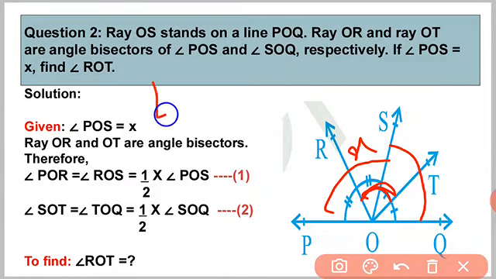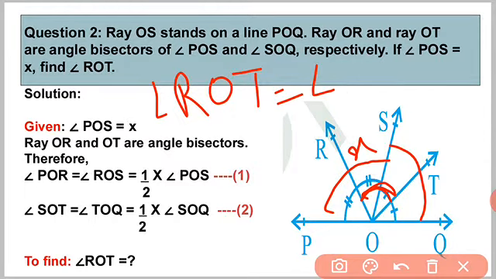We can see angle ROT is made up of two angles, that is angle ROS plus angle SOT. So if we find angle ROS and angle SOT, we can find angle ROT.